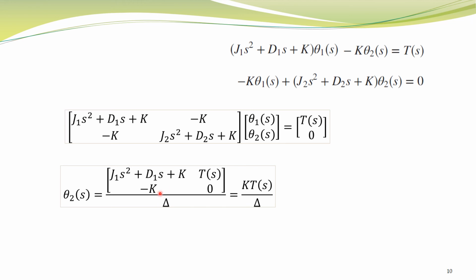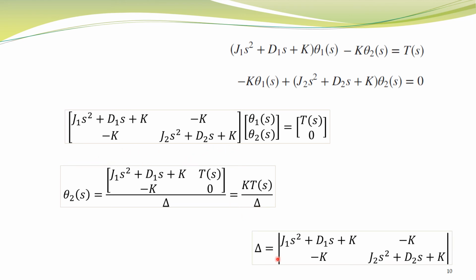If we expand this determinant, this term multiplied by 0 minus this term multiplied by T(s), which is written over here. This delta is the determinant of this matrix given by this expression. And if we bring T(s) to the left hand side, we have a transfer function which describes the mechanical system shown on the last slide.